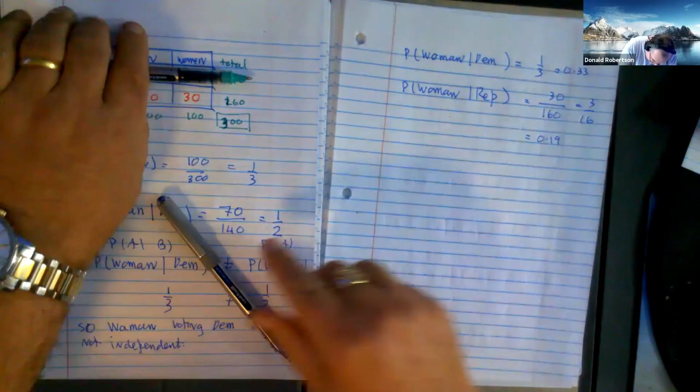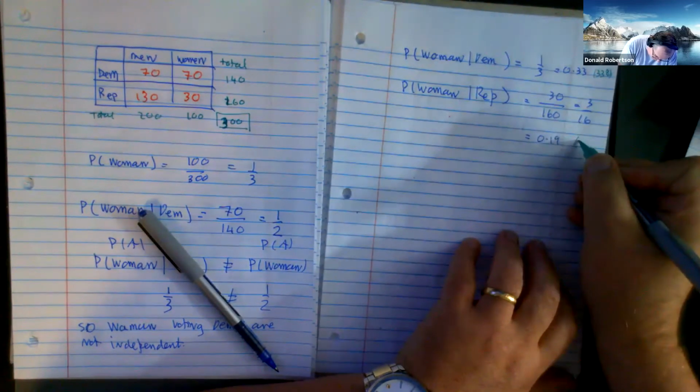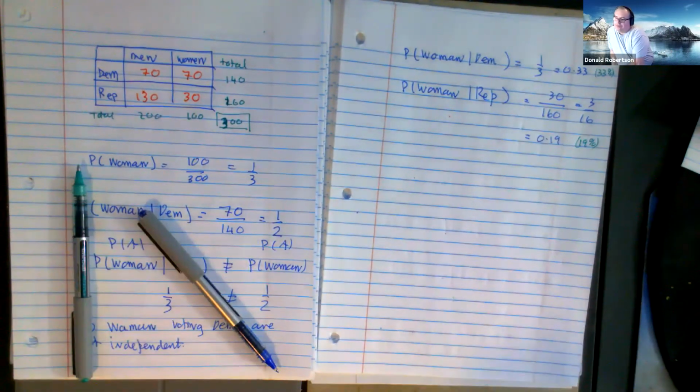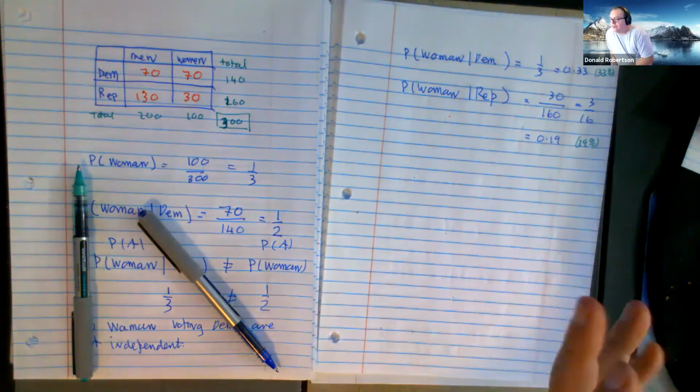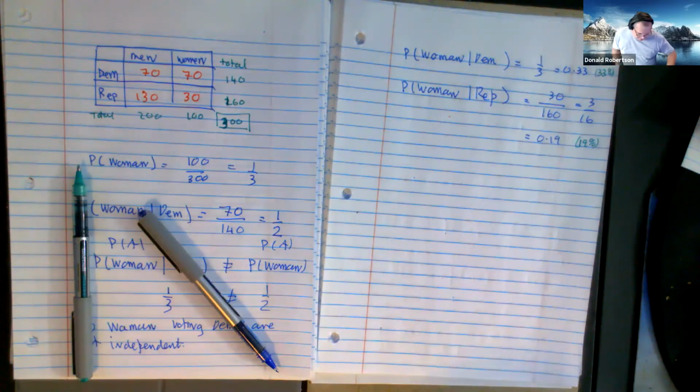Now, does that help see the difference between the two? That's what you found out. When things are not independent, right? It means being a woman and voting Democrat are connected in some way. In other words, women either vote more than they should or less than they should, compared to the average.